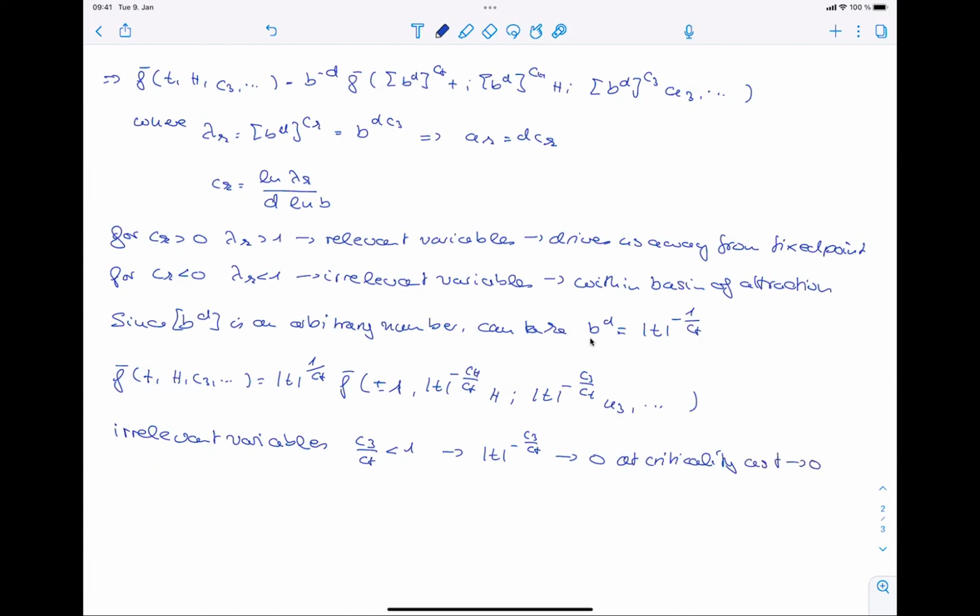So these irrelevant variables, we don't have to worry about them, which is why they're called irrelevant. So all irrelevant variables go to 0 in the critical region.